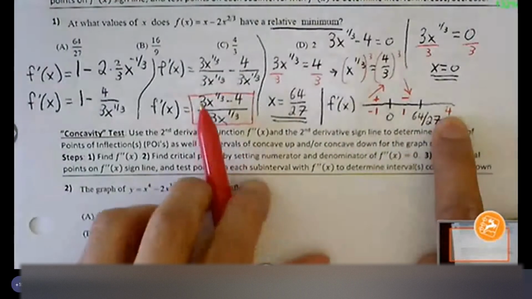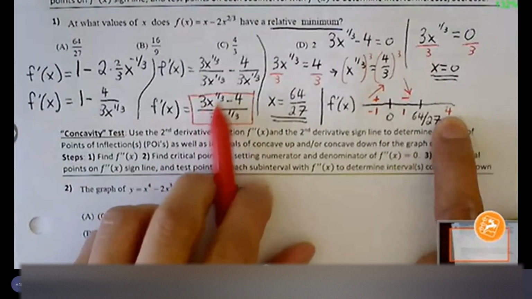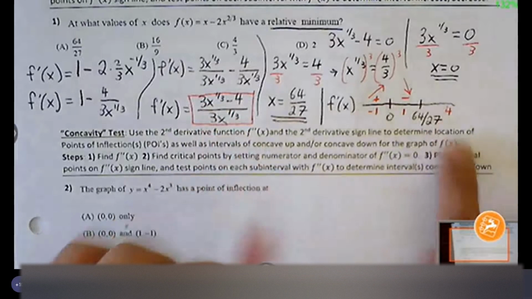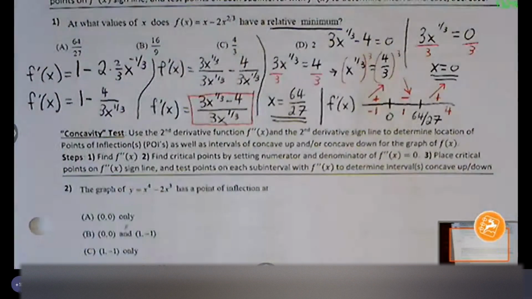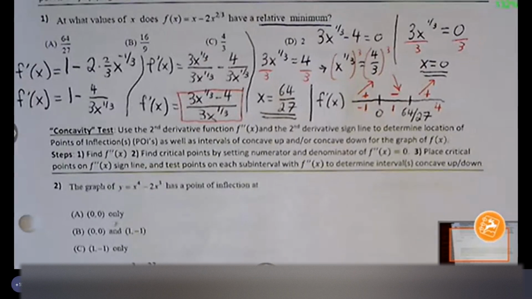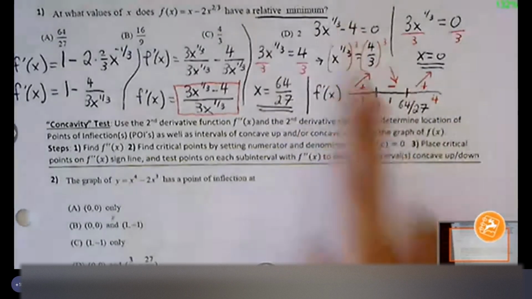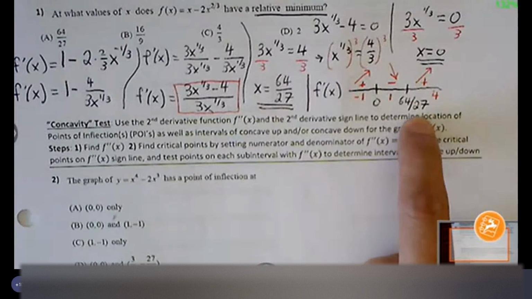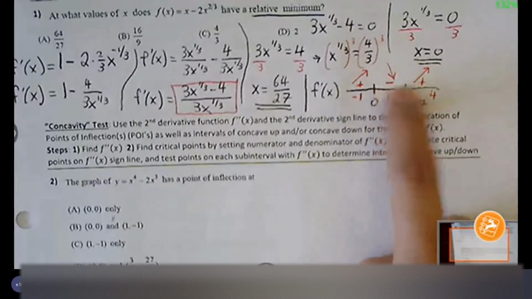Insert 4, 3 times 4 to the 1/3. That's going to be a value a little bit greater than 4, so that's positive over positive, so 2 positives gives me positive. The problem is asking for relative minimum, so we see that there must be a relative minimum at 64 over 27 because we see the slope go from decrease to increase.